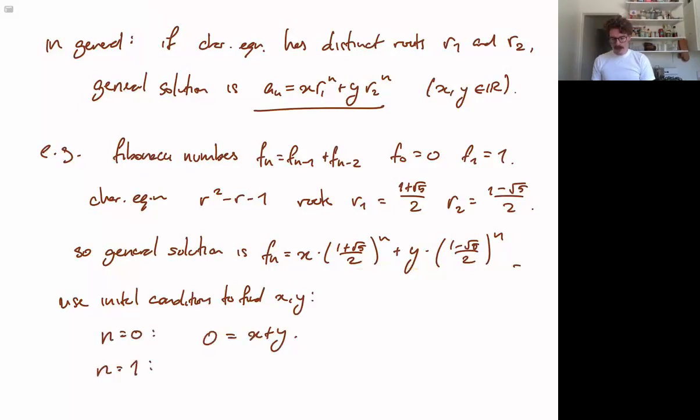And in the n equals 1 case, f of 1 equals 1. So we get 1 on this side, and then plug in 1 for n on this side. We get x times 1 plus root 5 over 2 plus y times 1 minus root 5 over 2. And this is our system of equations.